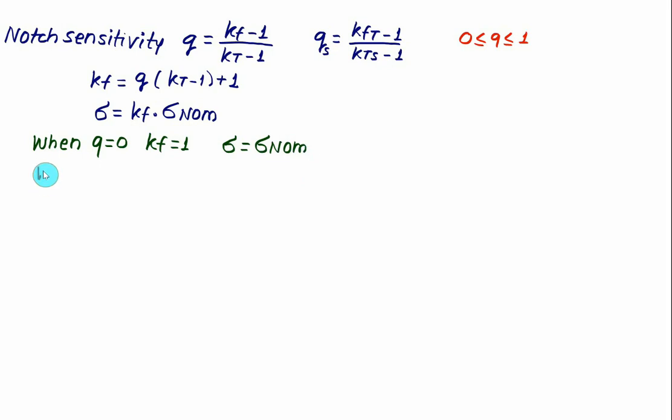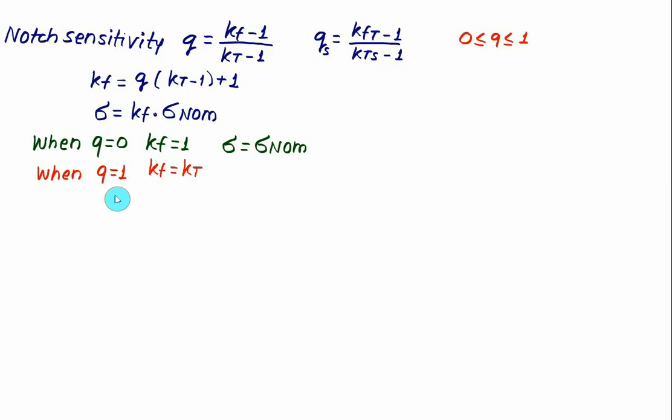And if we take the value of Q equal to 1, then the minus 1 and plus 1 cancel and Kf will be the same as the theoretical stress concentration factor. That is, the entire effect of the geometric stress concentration factor is felt if the value of Q is equal to 1. Now the theory about the calculation of Q was developed by Neuber, so we're not going to discuss that.